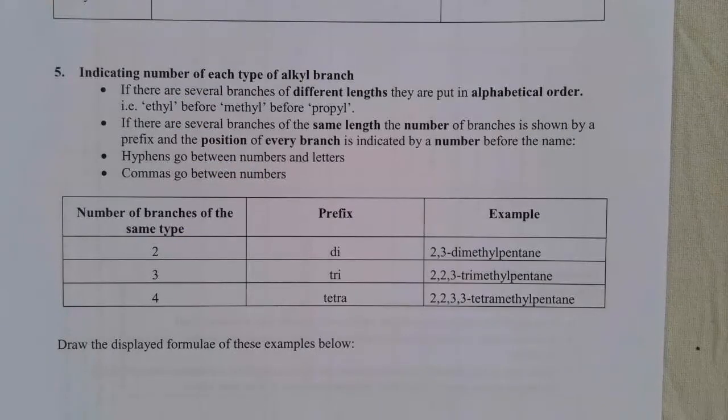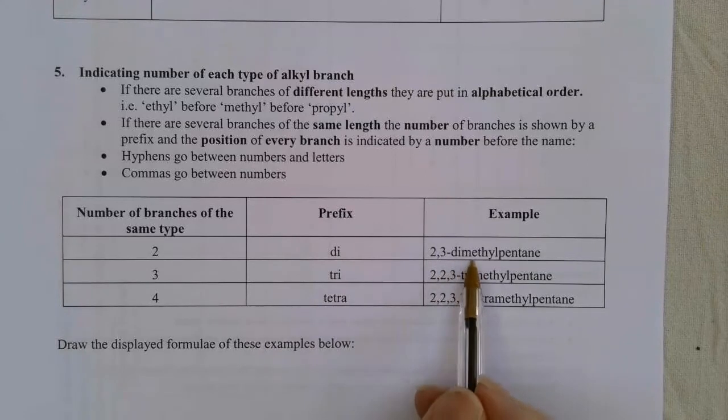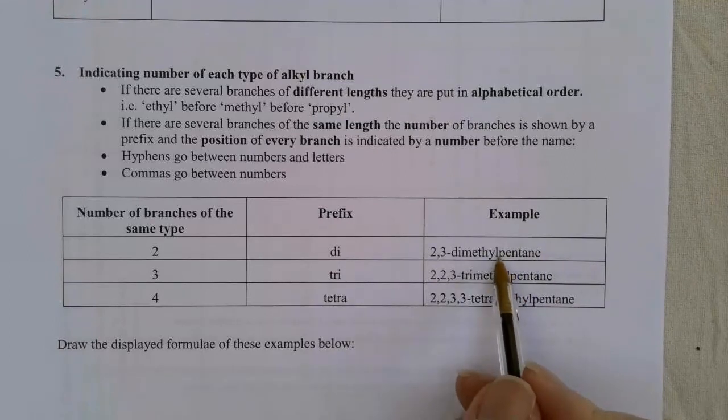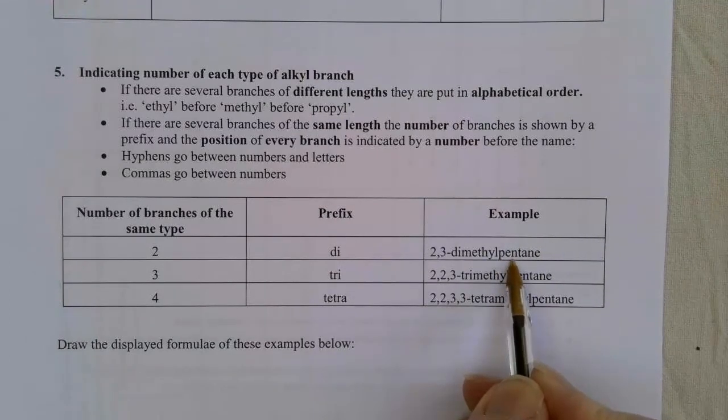Last but not least, we need to indicate the number of each type of alkyl branch. So if you have two branches of the same type, we call it di. So we have 2,3-dimethylpentane. If we break that down a bit, pent means 5 carbons.